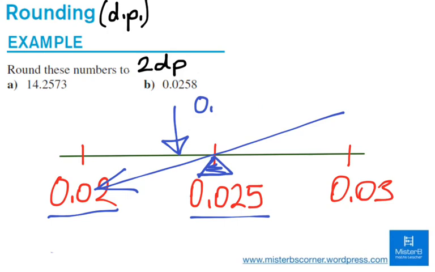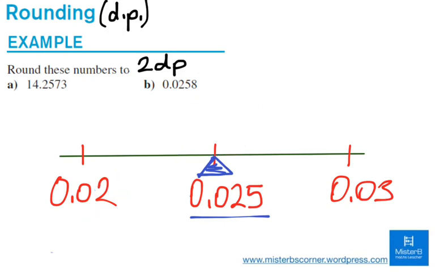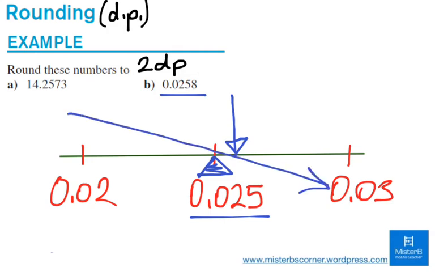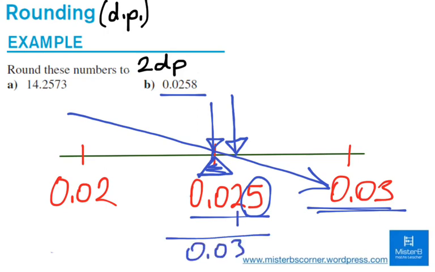Now, if your number is as in here, 0.0258, it's slightly on the right hand side of the seesaw, so the seesaw will go this side, indicating that you have to round to 0.03. So you can consider this as a seesaw going in both directions according to where the number is. When it is in the middle, it still indicates there, because 5 is also big enough for scrapping, so you have to add 1 and say 0.03 as rounded.